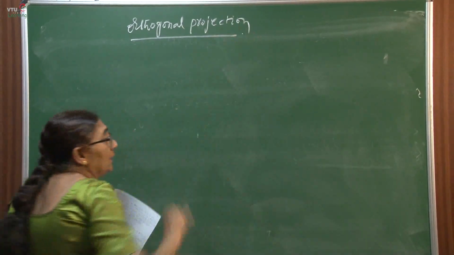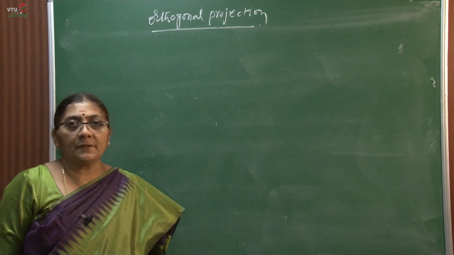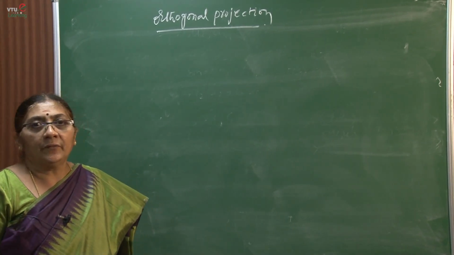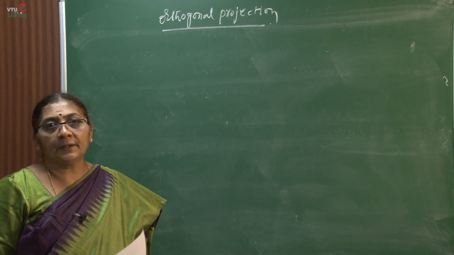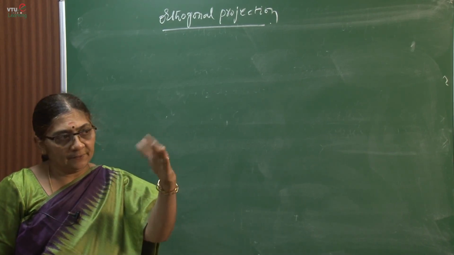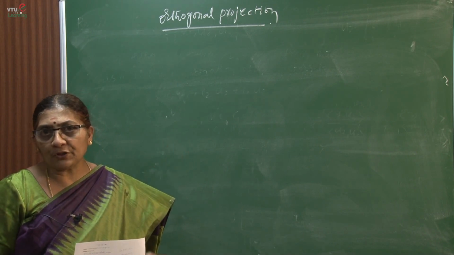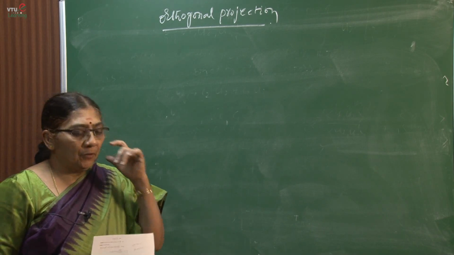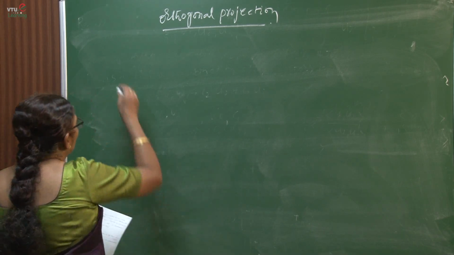This is one of the important concepts we are going to use in your course subject, where they use linear algebra orthogonal projection. Orthogonal means 90-degree projection, projected at 90 degrees only. Now if you want to define orthogonal projection, I have to choose two vectors.